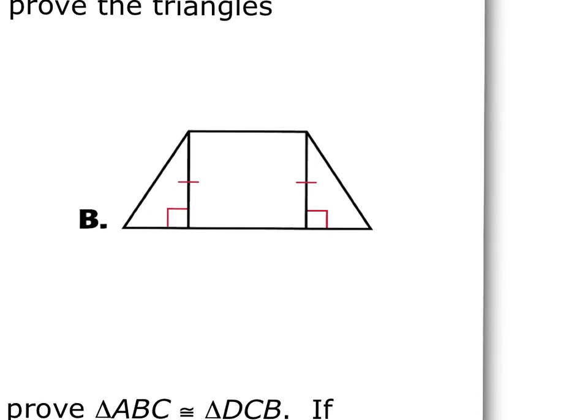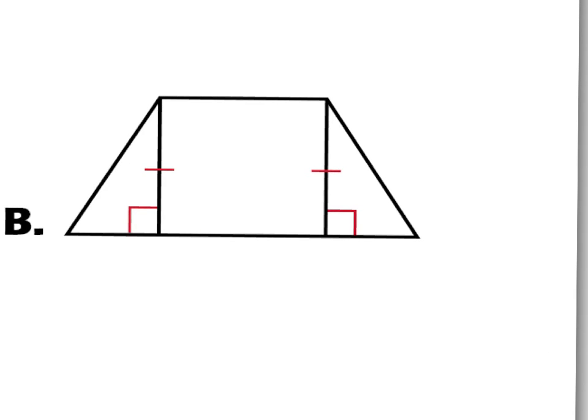Okay, on this one, we have two triangles that are right, which is step one. You have a side that is congruent on both, but we don't know if the hypotenuse is congruent.